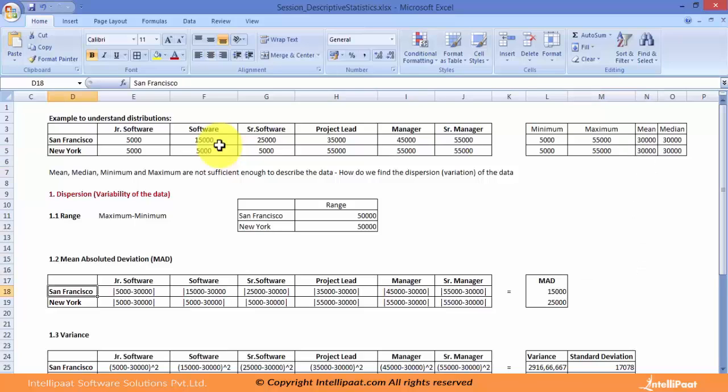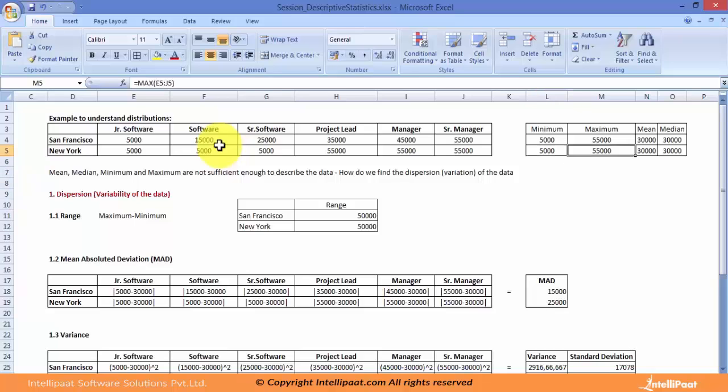So the mean absolute deviation is the sum of all the absolute deviations. So here we found that this MAD, mean absolute deviation, is helping us find the variability across the two profiles. Am I right or not?